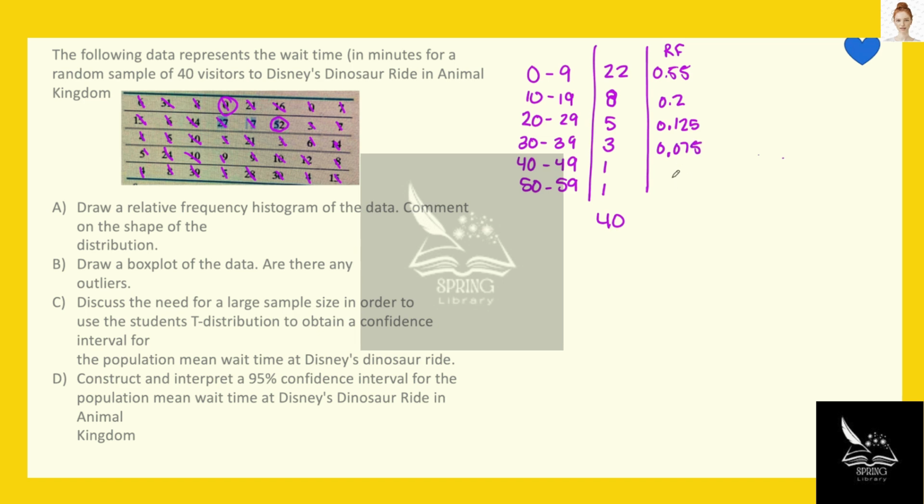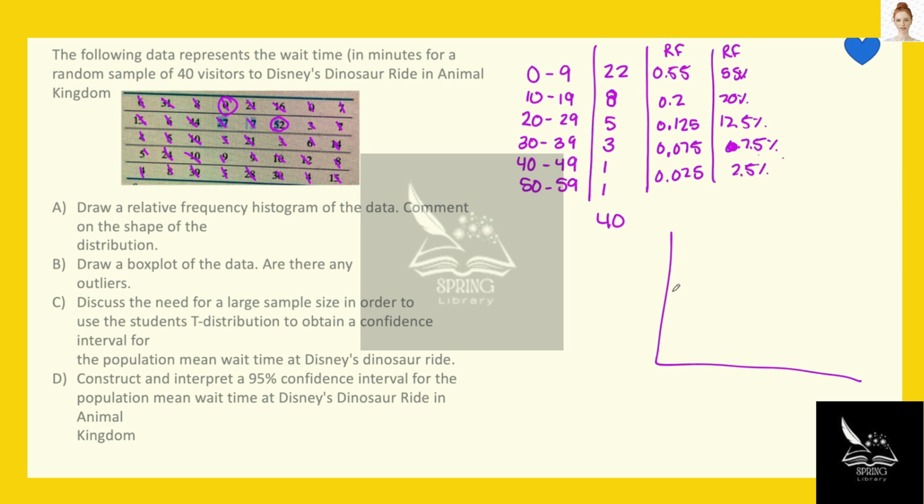And then 1 out of 40 would be 0.025. When you're doing the relative frequency histogram, we base this off of percentages. So 55%, 20%, 12.5%, 7.5%, and 2.5%.